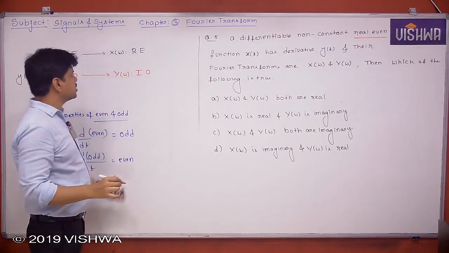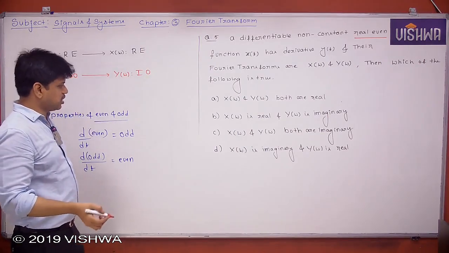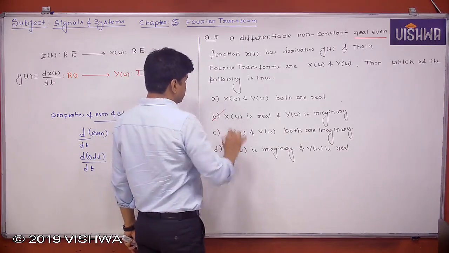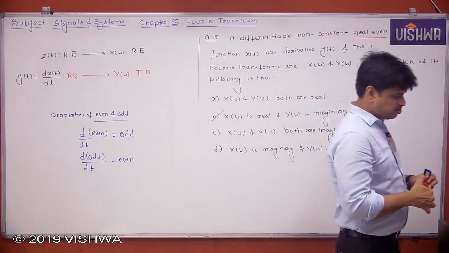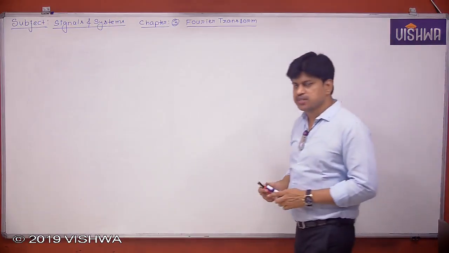So I can simply say X of omega is a real function, whereas Y of omega is an imaginary function. So which option is going to be correct? Option B. X of omega is real, Y of omega is imaginary. Take it. Next property, time shifting property.